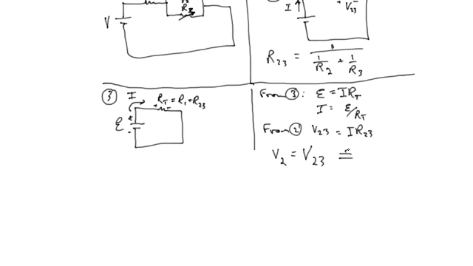So V2 is equal to I R23. For any value of the three quantities that I have, I can calculate R23, and therefore I can calculate V23.